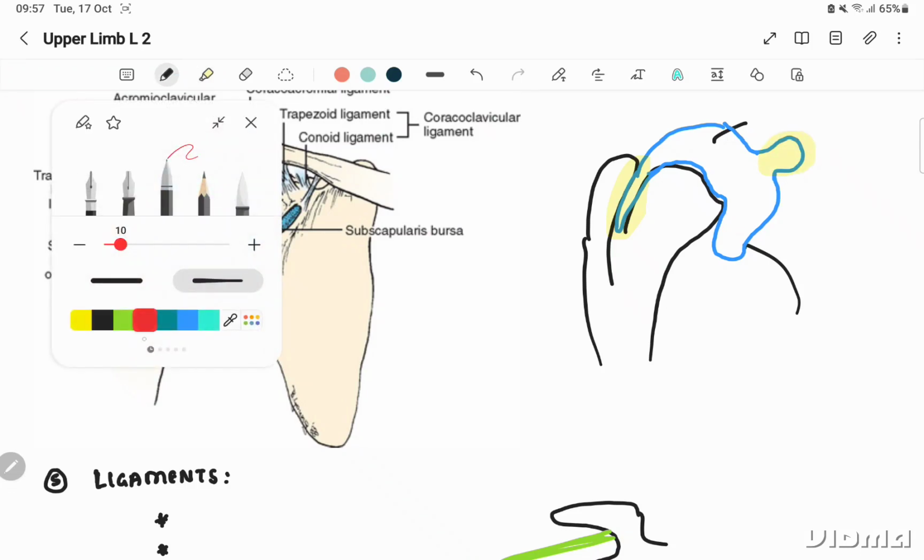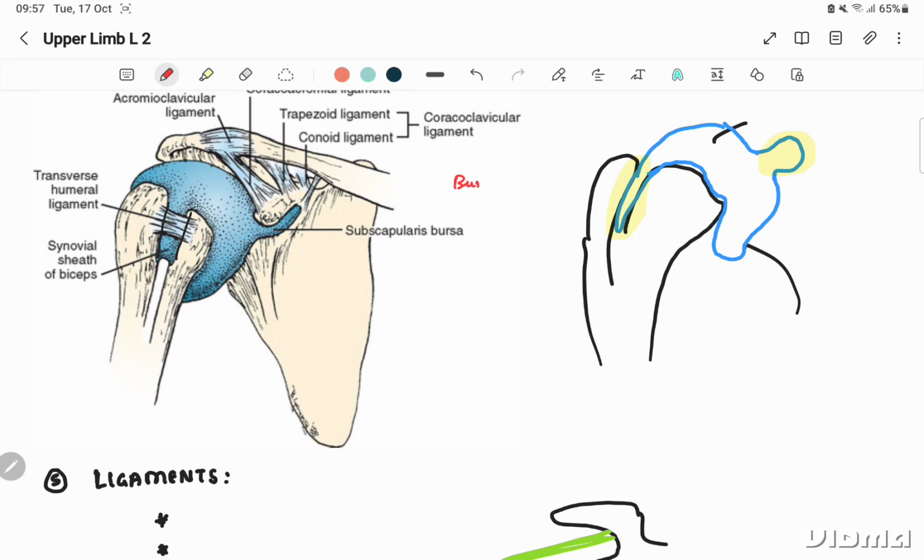So bursa means an extension. Okay, bursa is an extension of synovial lining. So here a bursa is formed, which is called as bursa around long head of biceps. This is the intertubercular groove. Okay, this is the greater tubercle, the lesser tubercle, and all.